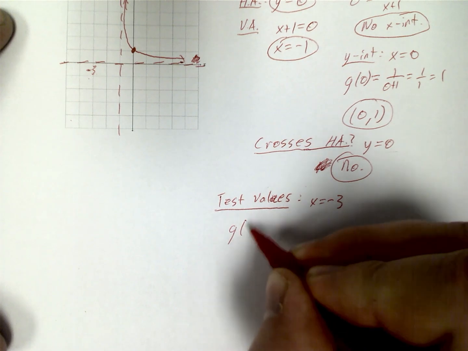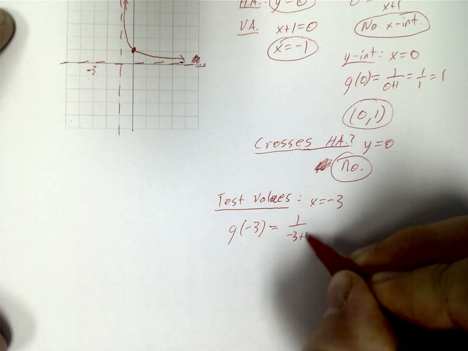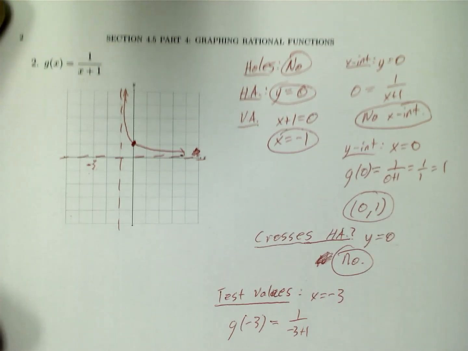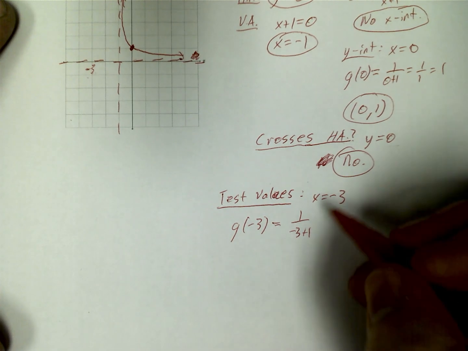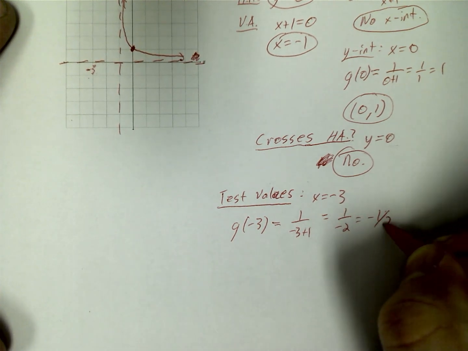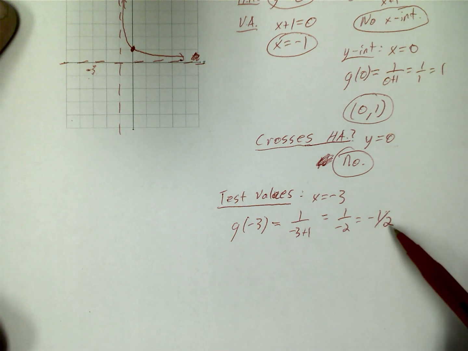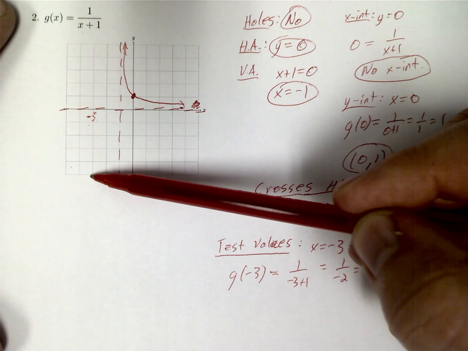But what is g of -3? Well, it's equal to 1 over -3 plus 1. You remember g of x is 1 over x plus 1. So we plug that in, and we get 1 over -2, which is -1/2. So if it's negative, that means it's not above the x-axis, it's below.